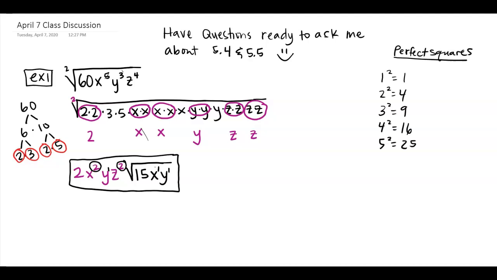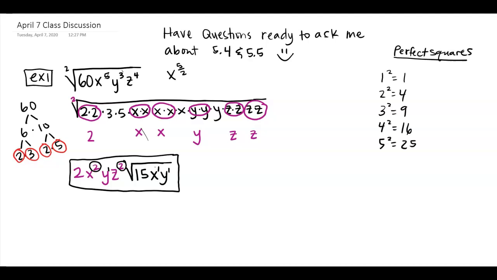Since it's a square root, that's why we're dividing. We're really doing x to the 5th divided by 2, so 2 divides into 5 2 times with 1 left over. Do you think that's the part it was talking about?